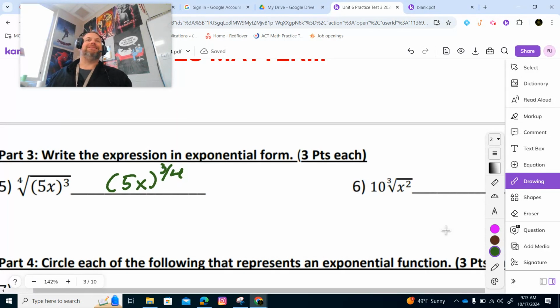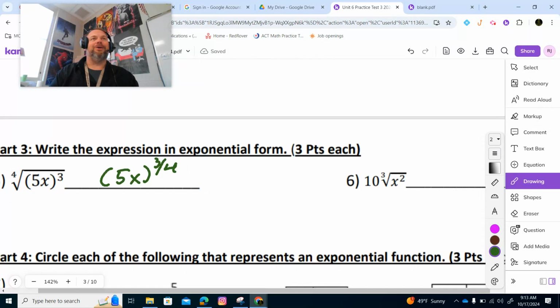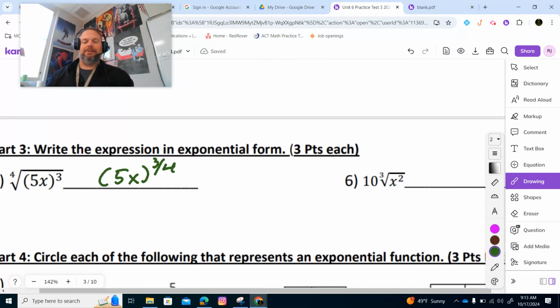I should do that on the test. See if people notice. I didn't even notice, and I made it. All right. So there's your answers.